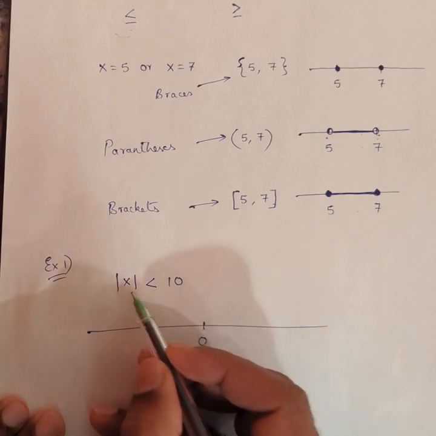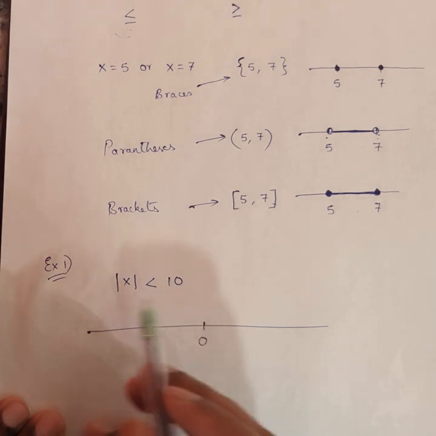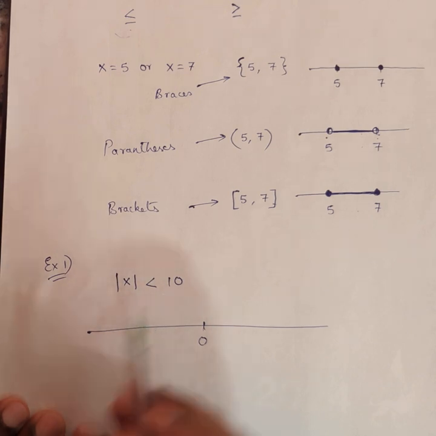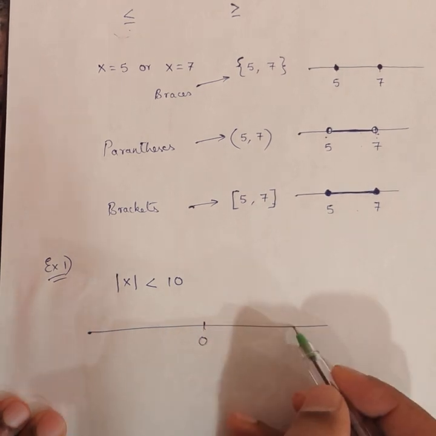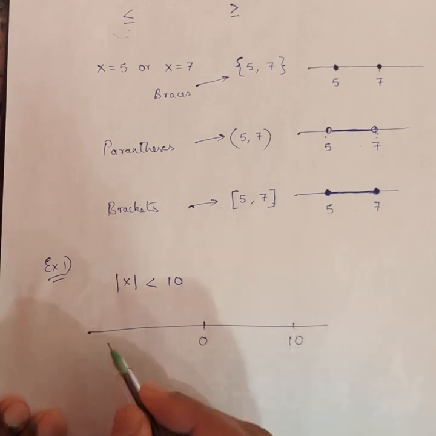Absolute value of x means the distance of x from 0. So you could read this as: the distance of x from 0 is less than 10, which means you can't go any more than 10 units on either side of 0.